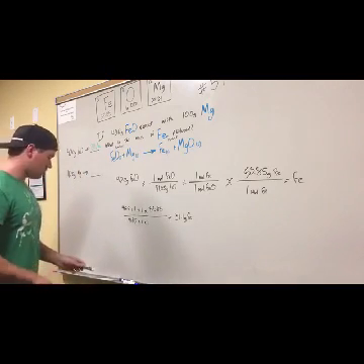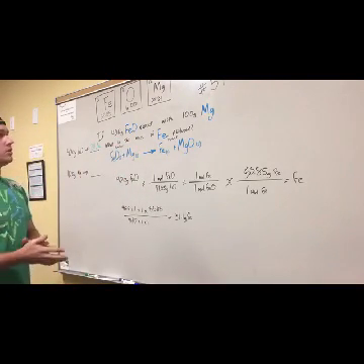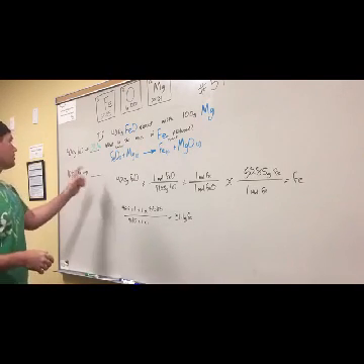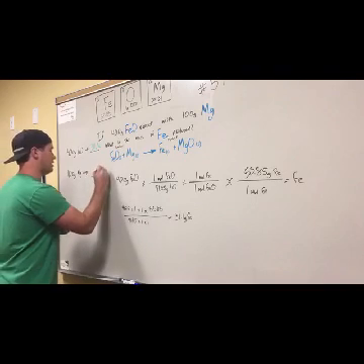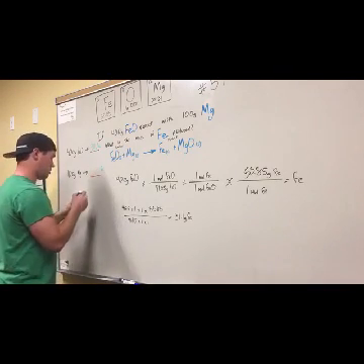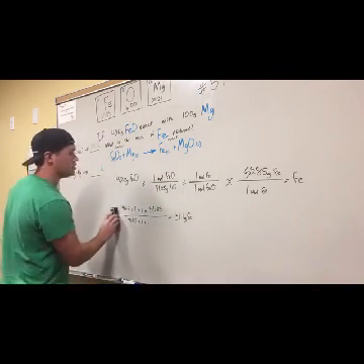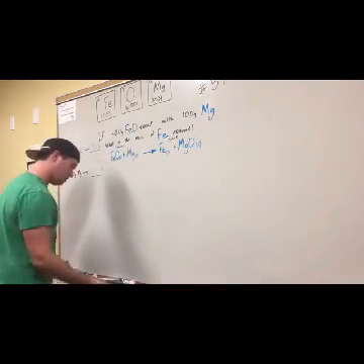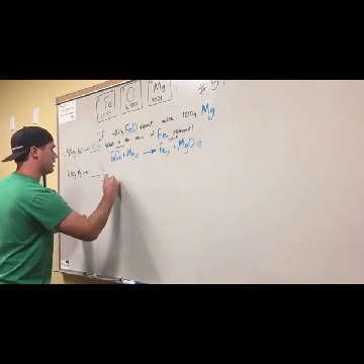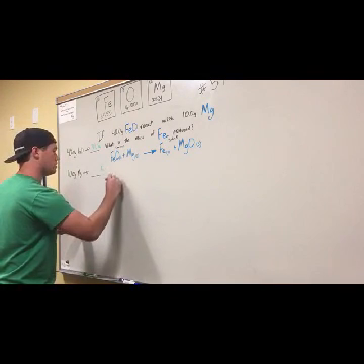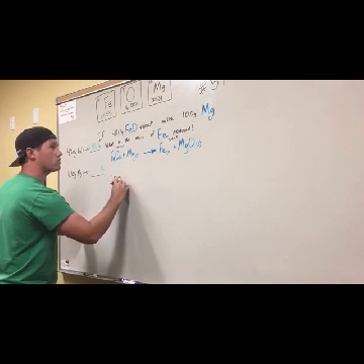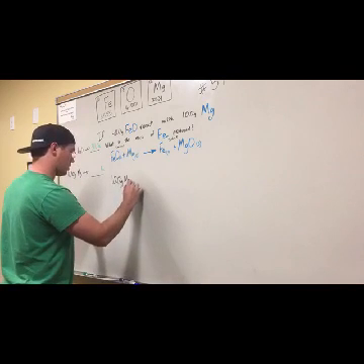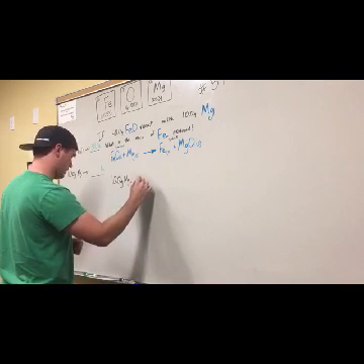Okay, so the next part we have to do is 10 grams of magnesium, and we're going to find out how much iron is produced from that. So we're going to erase this. Now we have 10 grams of magnesium, and then we're going to figure out the molar mass of that.